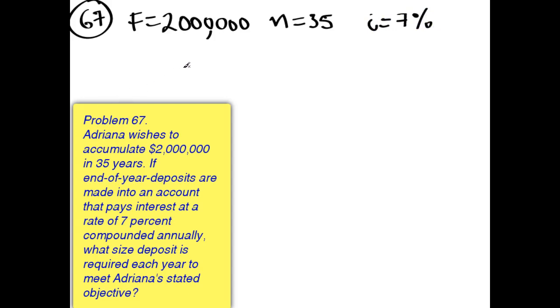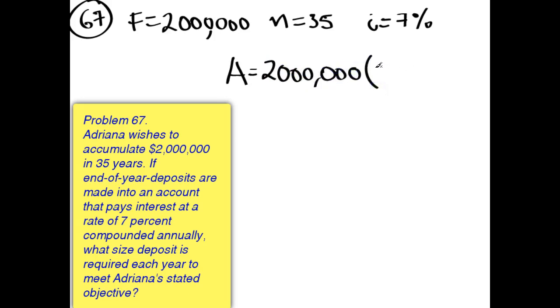So the question is how much should she deposit each year, and that means that she's looking to compute the annuities. She's going to be making 35 annuities, and the question is how large those annuities should be.